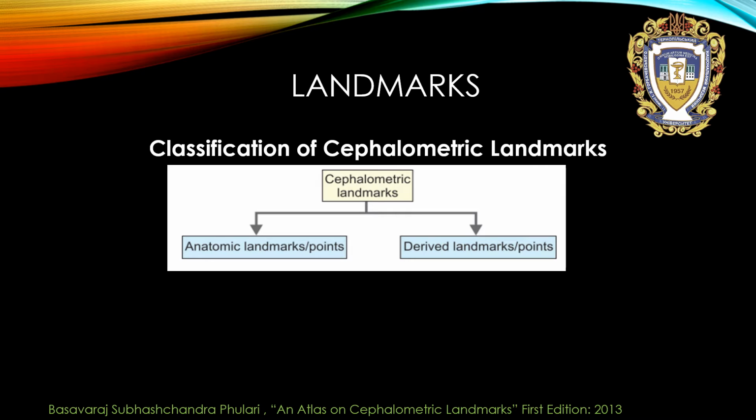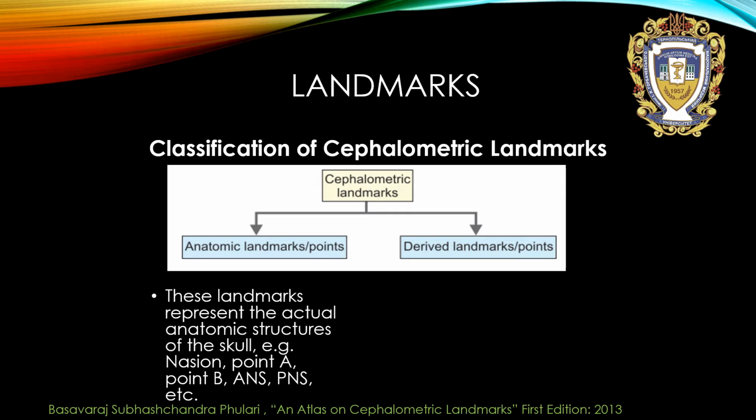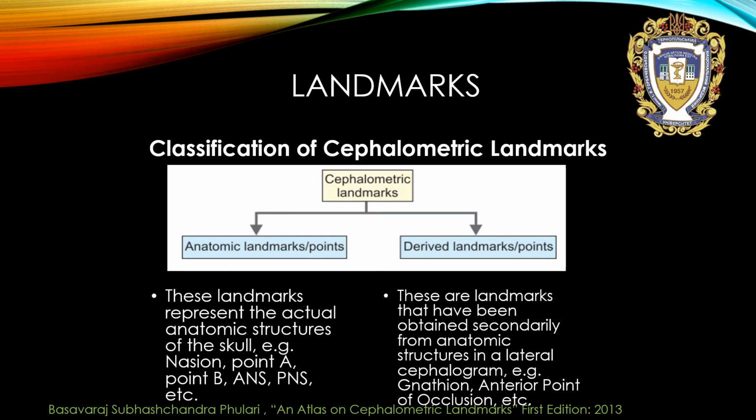For example: nasion, point A, point B, ANS (anterior nasal spine), PNS (posterior nasal spine), etc. Derived landmarks and points are landmarks that have been obtained secondarily from anatomic structures in the lateral or frontal cephalogram. For example, gnathion, anterior point of occlusion, etc.